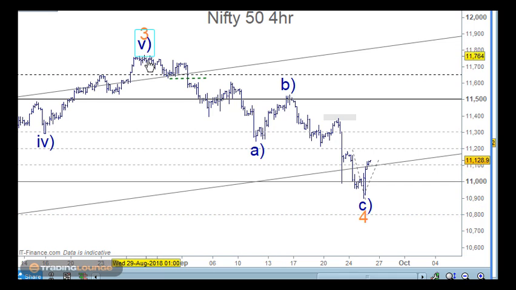So we can look at this as 1 and 2 and 3 and 4 and 5 here, and then wave B here, and then we can look at this as 1 and 2 here and 3 here and 4 here, and then last time we spoke we were just on this high here, so we were looking for a low to come into play here, so that low's in place.